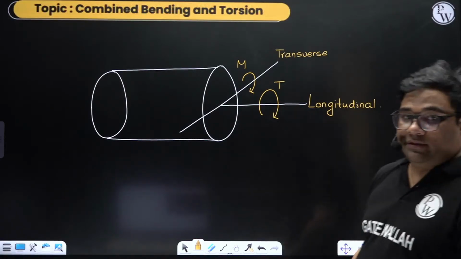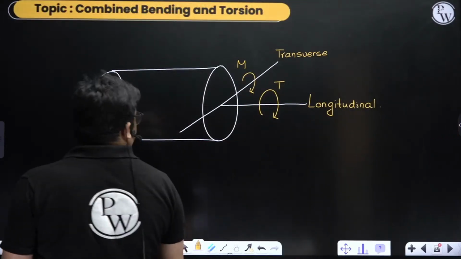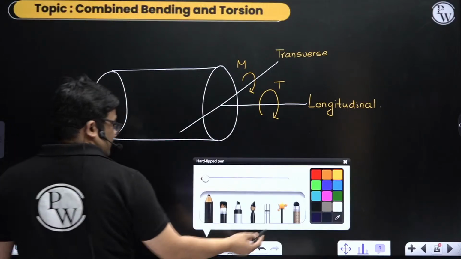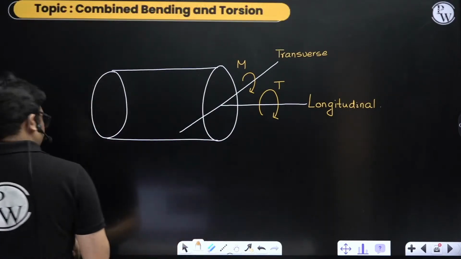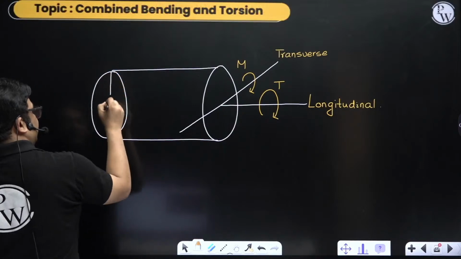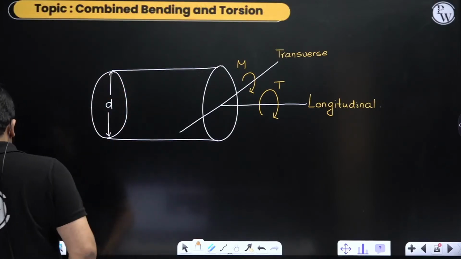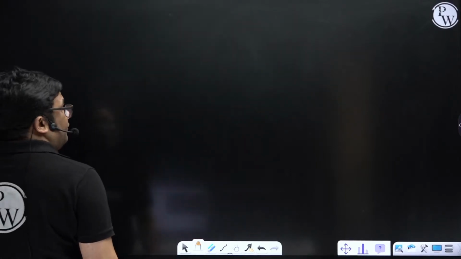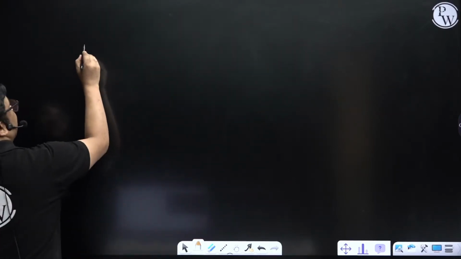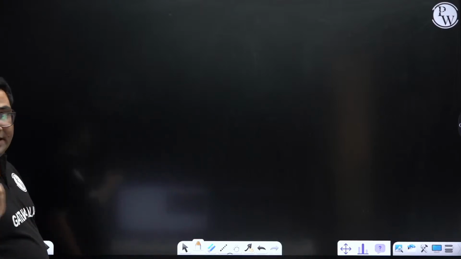From this many questions are asked and we should know this. Suppose the diameter is D for this circular shaft. Now we know that due to twisting, shear stress is there.